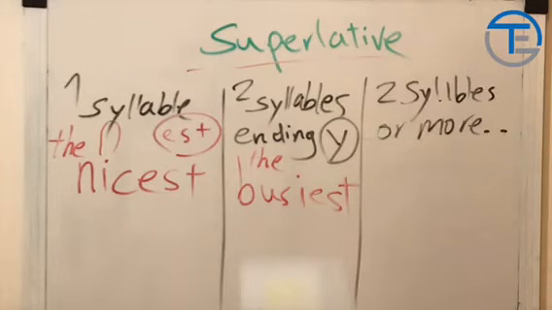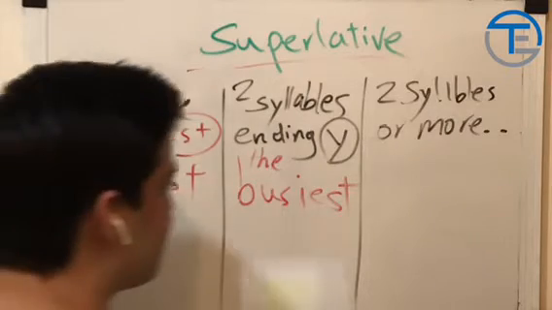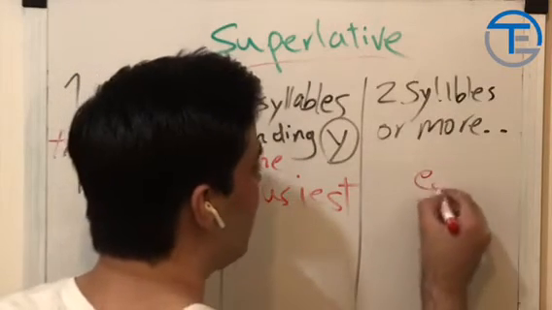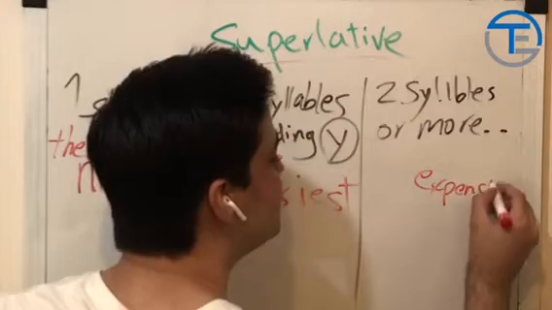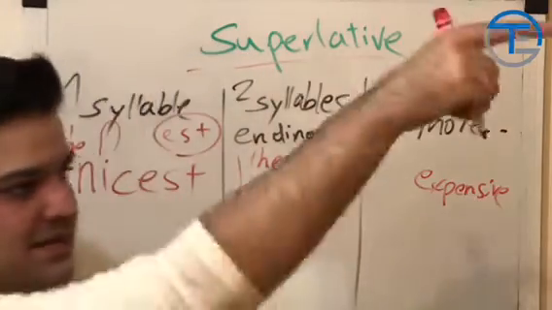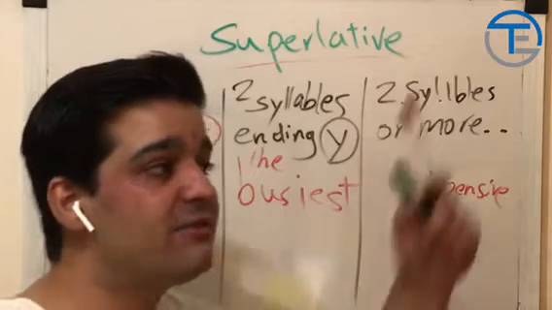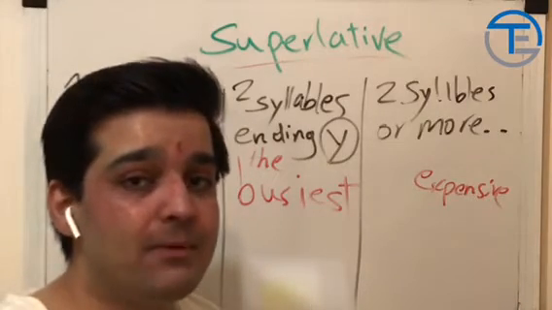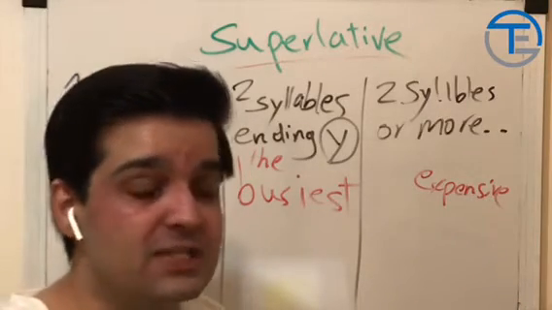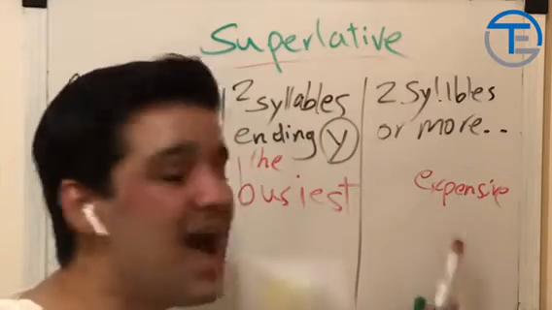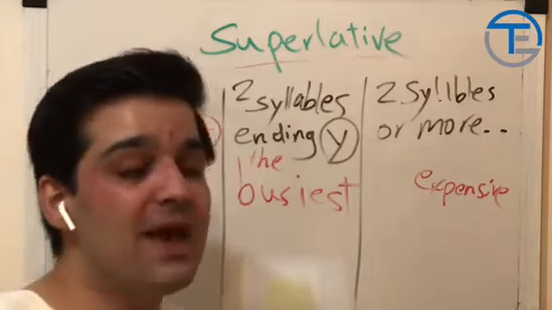For more than 2 syllables without y ending, for example, 3 syllables, 4 syllables, like expensive. For example, you say that computer is expensive. The brand of that computer is Apple, so it's very expensive. Expensive is an adjective. You describe that laptop.